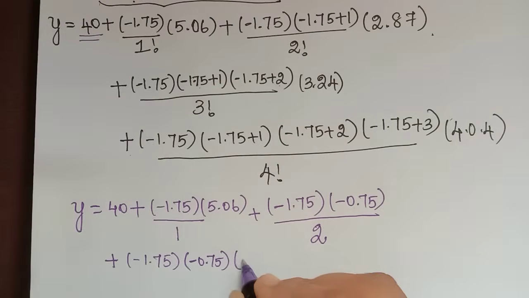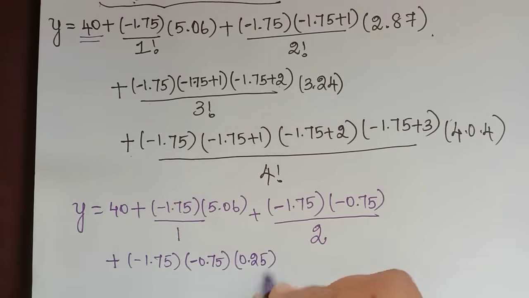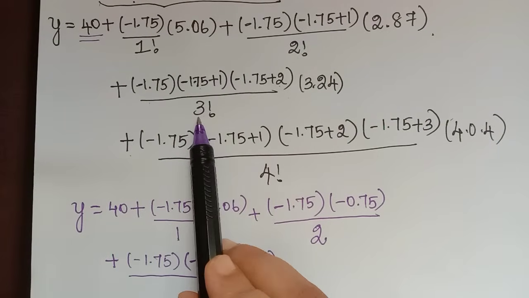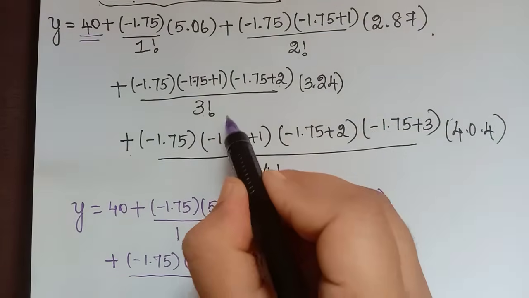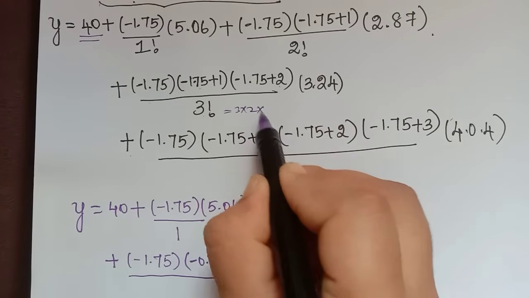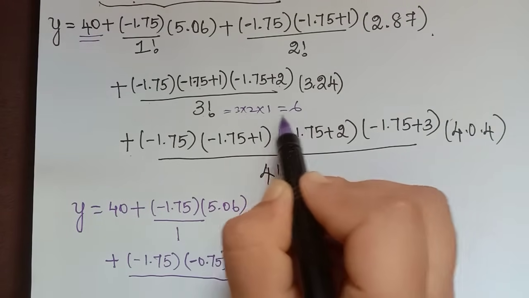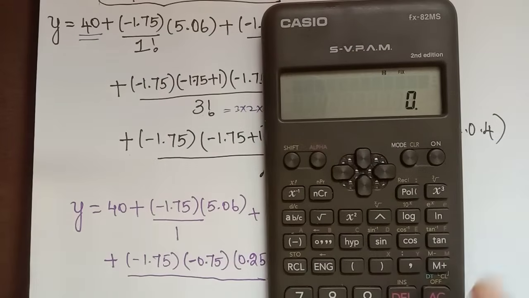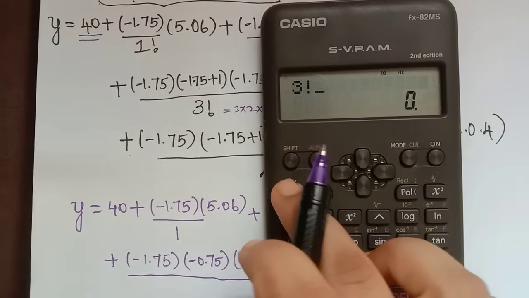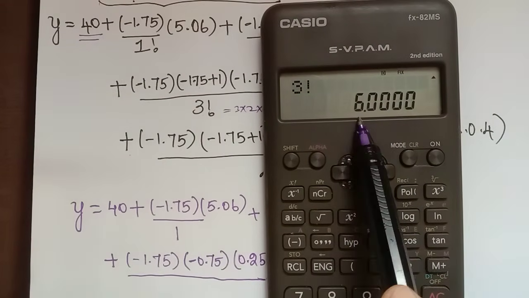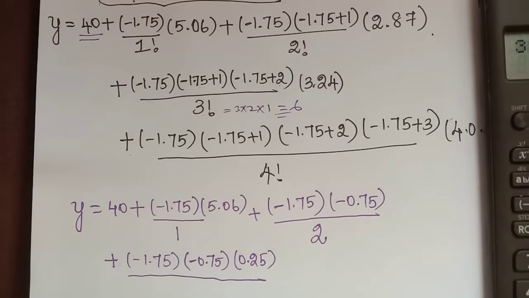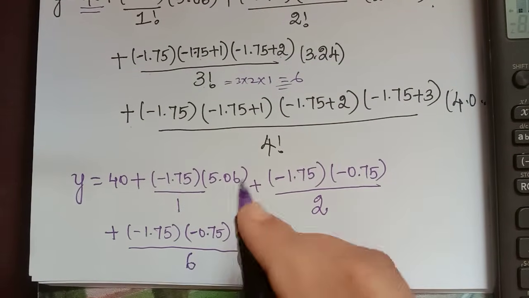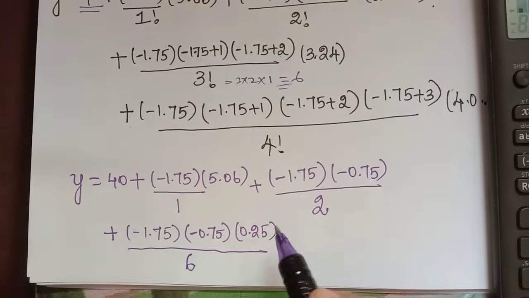So 0.25, the whole divided by 3 factorial. 3 factorial is 3 into 2 into 1, which is equal to 6. But anyway, I will show that in the calculator. 3 shift factorial is equal to 6. So that is divided by 6. We have to write that 6 here and then multiplied with 3.24.